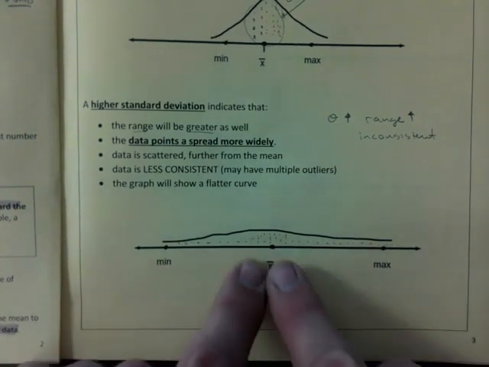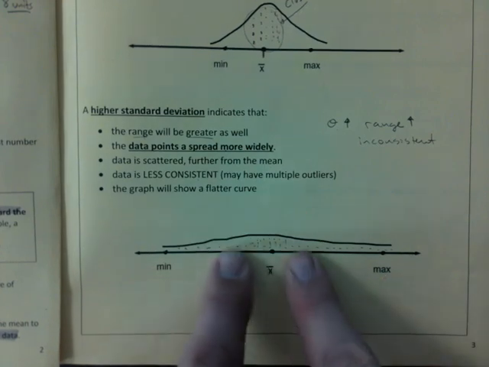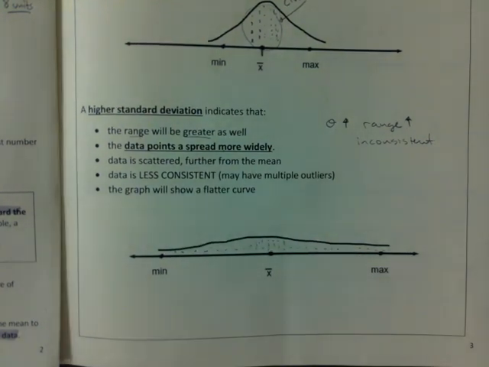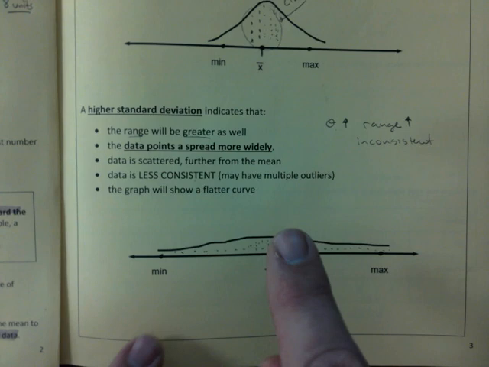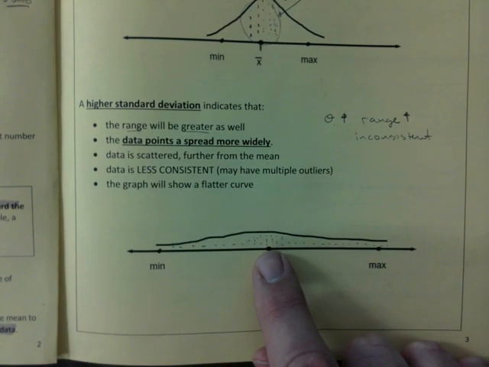Look at the min and the max. There's more of a spread. And the resulting curve, we will do curves in a bit, will be flatter, so it won't be as steep. So data is spread out. This is not consistent. And normally in this unit, we will conclude that we don't want this.